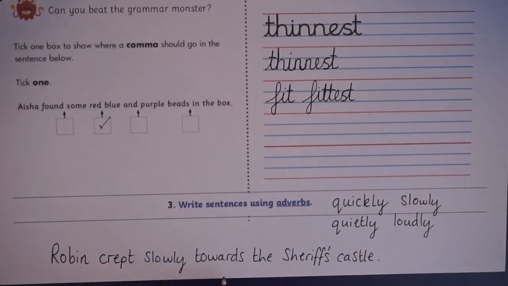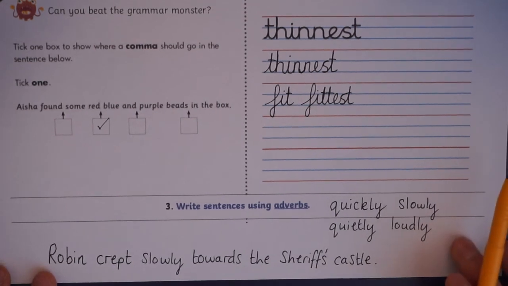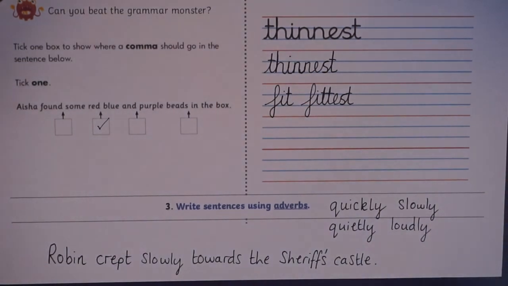Robin crept slowly towards the sheriff's castle. So my verb here is crept, my adverb here is slowly. That's how Robin was creeping. And you'll notice as well that I've also included a possessive apostrophe here because the castle belongs to the sheriff. It's the sheriff's castle. Okay, so that's it for English today.